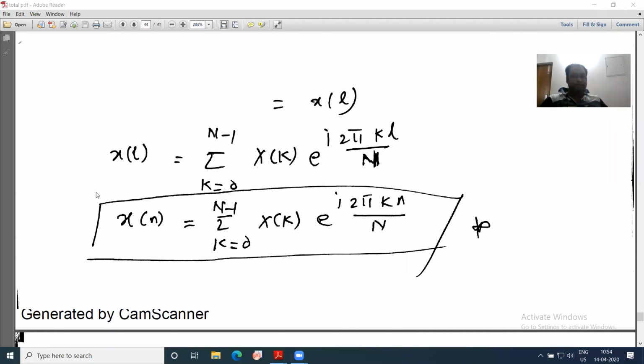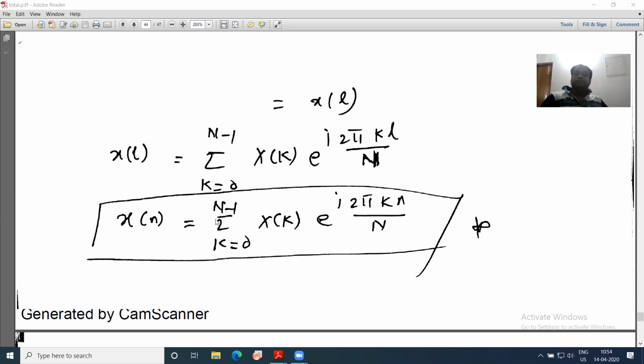What I am doing from this line to this line is that n is replaced by l, not an issue. And in this line, I have replaced l by n, not an issue. Only thing, you have to multiply this by 1 by n, which is missing here, which you should write.